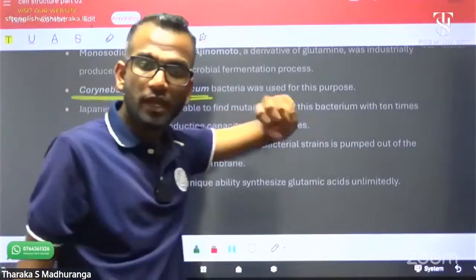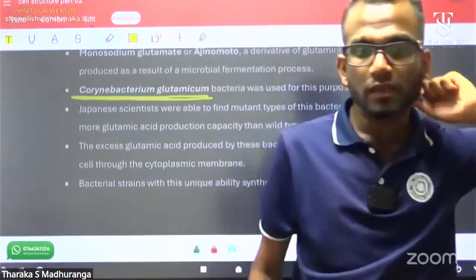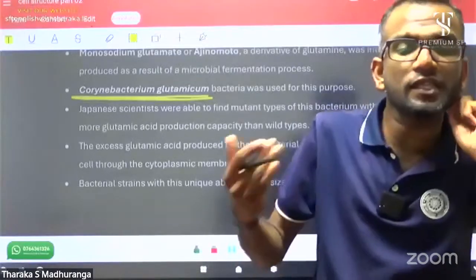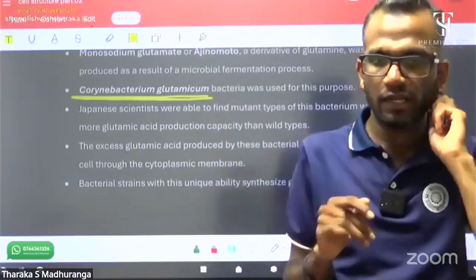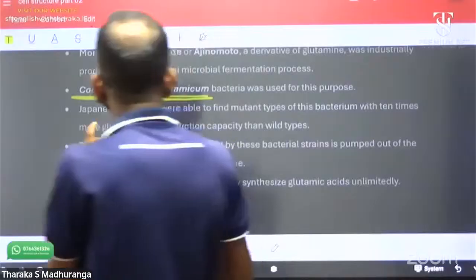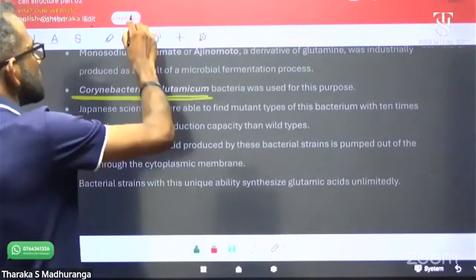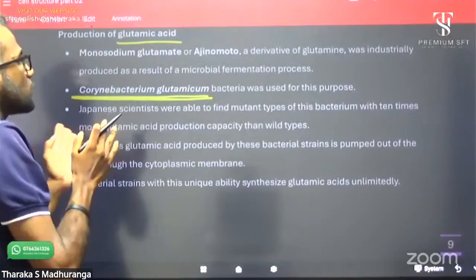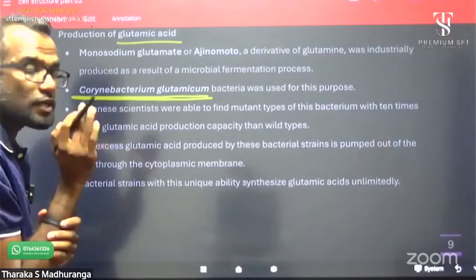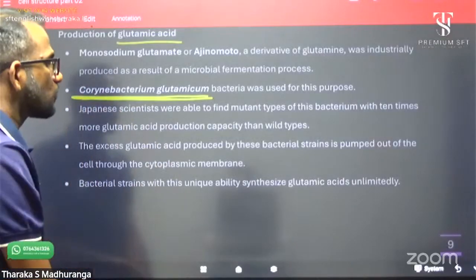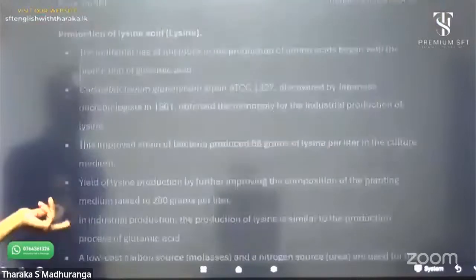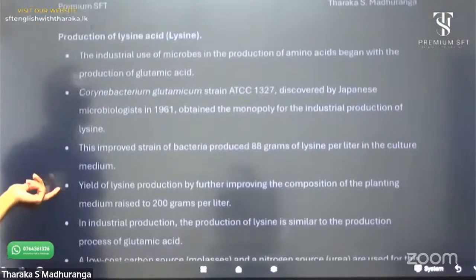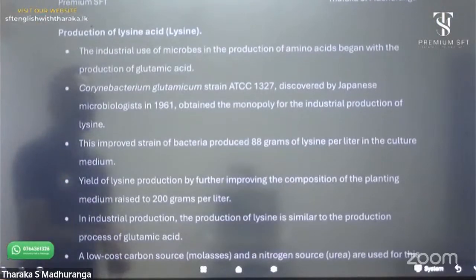For amino acid production, we use genetic engineering technology. I will explain genetic engineering technology in the middle part. Now remember, for glutamic acid production, Corynebacterium glutamicum is the bacterium.